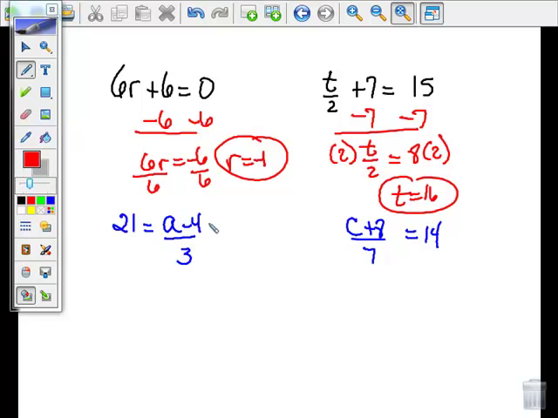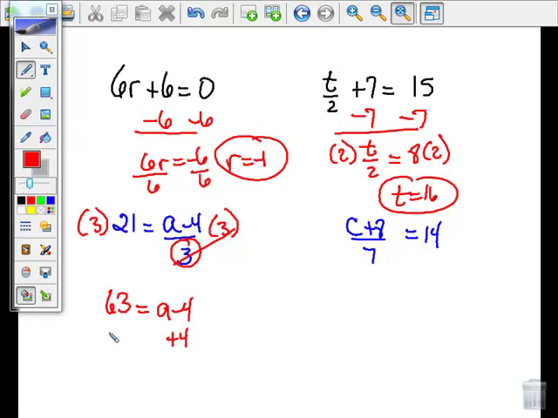These look a little bit different right here. I cannot break out this quantity until I eliminate the denominator. So this is, again, a little bit different. When you have an expression over a denominator, you want to first eliminate the denominator by multiplying, because really you're undoing the division. So 3 times 21 is 63 equals a minus 4. And now this is just a one-step equation.